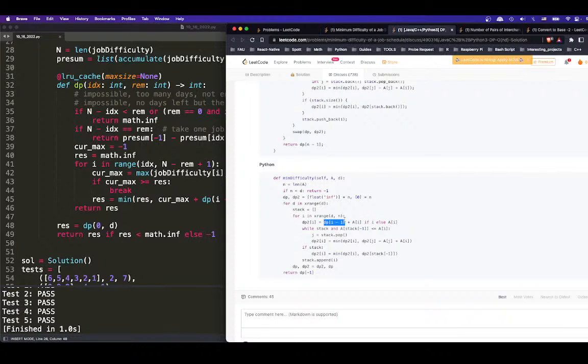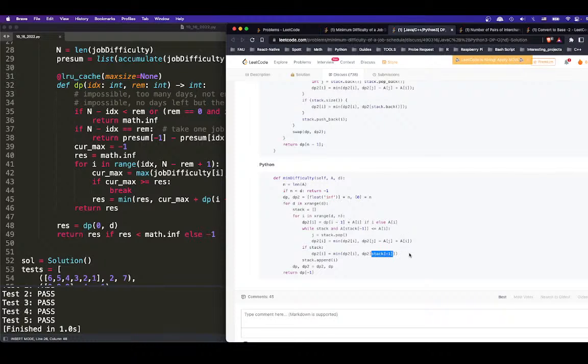Because on each day, if you do a certain amount of jobs, the difficulty of the day is determined by the largest value. So when your A[i] comes in, the DP, this one in the stack, is larger than A[i].